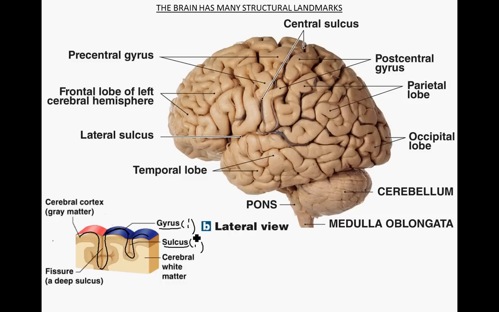A deep sulcus is sometimes referred to as a fissure, right? So if it penetrates a lot deeper than an individual sulcus, and this is kind of a subjective depth here, fissures are generally pretty deep, and you'll be able to see them on the whole brain.